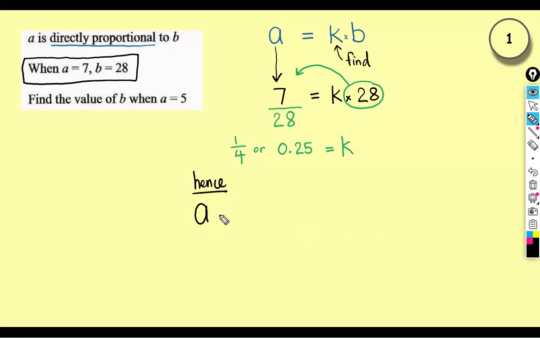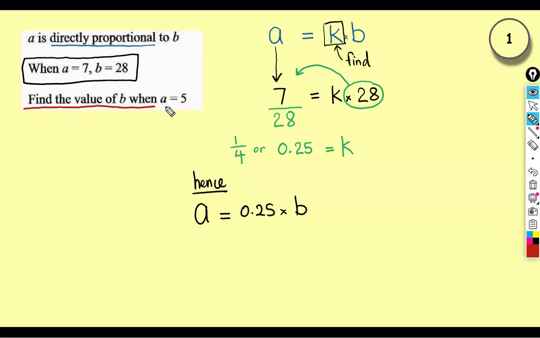Hence, A is equal to 0.25 multiplied by B. Right? You notice what I did? We have a nice value for K. Why call it K? We know the value of K now. So everyone replace K with 0.25. The majority of the question is finished. We're not done. I said the majority is finished. Let's read the last sentence.